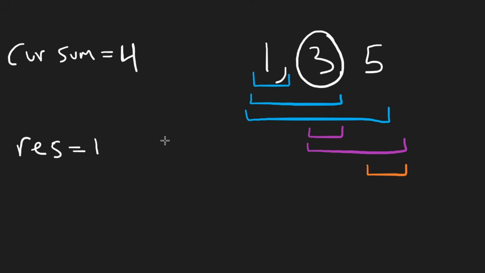Now, how exactly could we theoretically count that, assuming we had an arbitrarily long array? Well, that's where the idea of prefix sums comes in. Think about this for a second. Whatever the current sum is, so right now the current sum is 4, that tells me the sum of this entire thing.